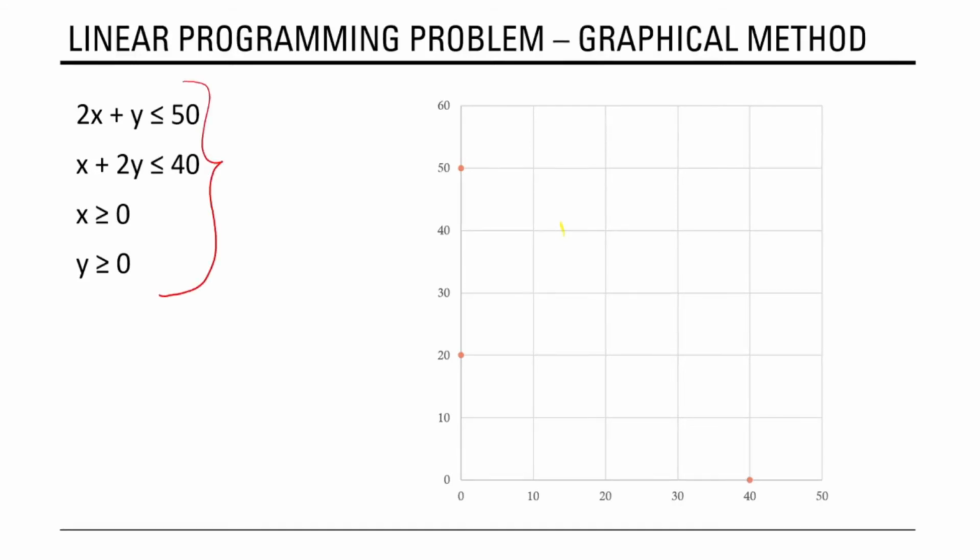So, we have to first take a graph sheet and mark the origin 0 here. Here we have the x-axis, OX, and here we have the y-axis, OY.